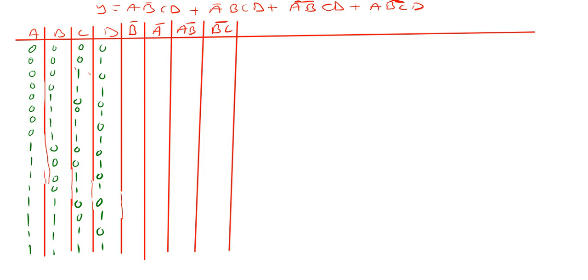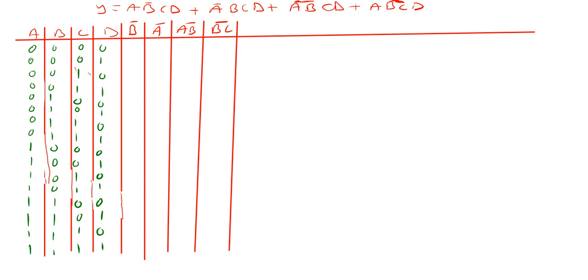So I will have that. Now in this case, I am going to negate the input B to get B negated. Where there is 0 for B, we put a 1.